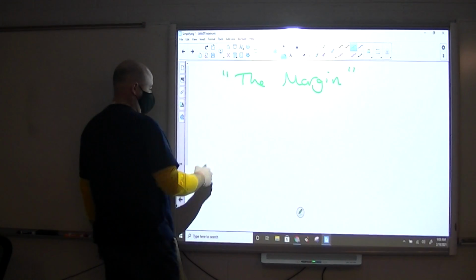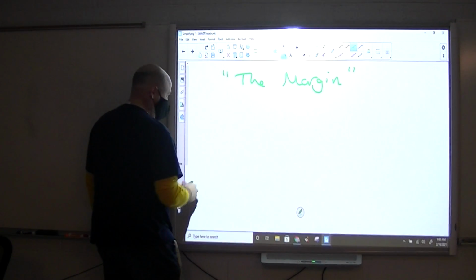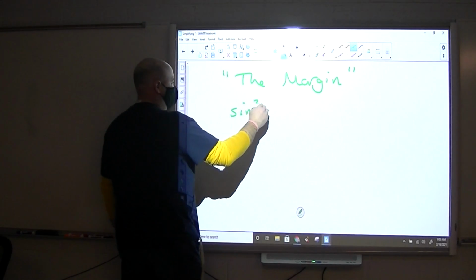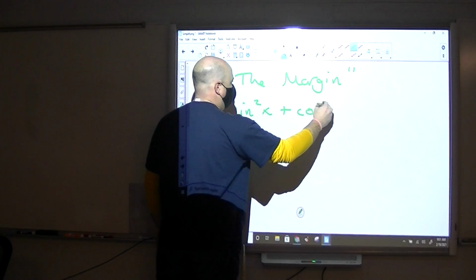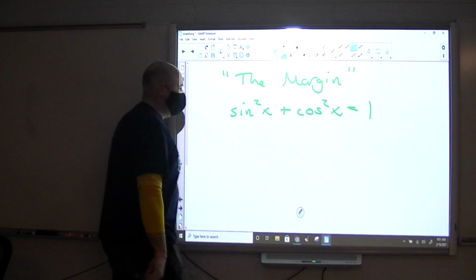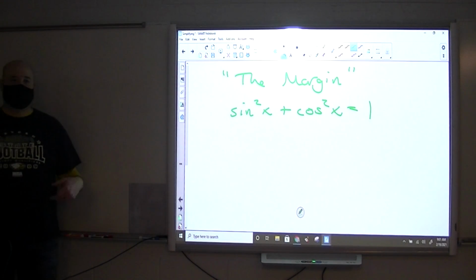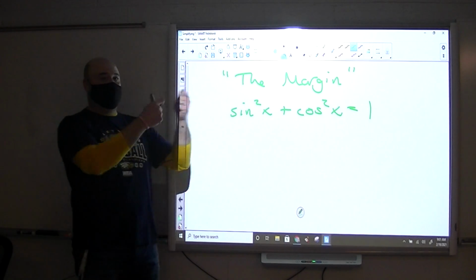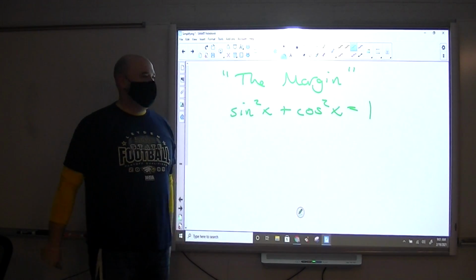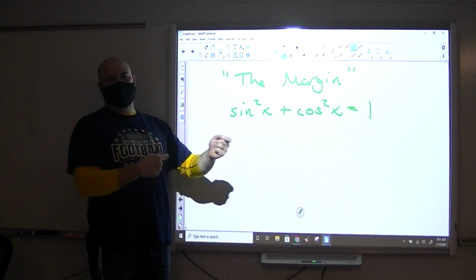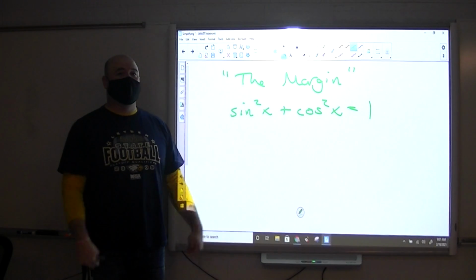And in the margin, we realize that we have cosine squared x minus 1. So we start with this Pythagorean identity, and we do the manipulation. The manipulation is moving it around, right? Moving pieces to fit, to make it work for us.